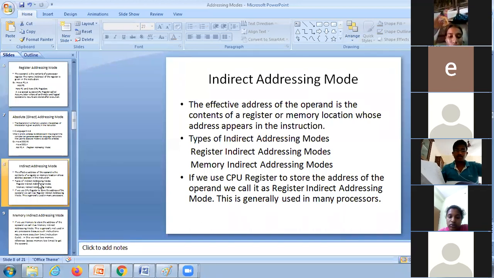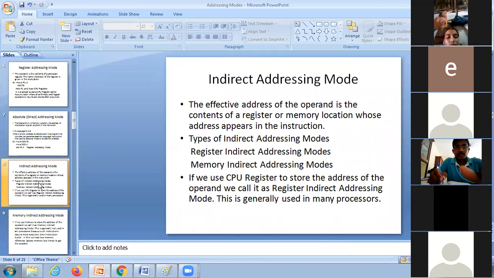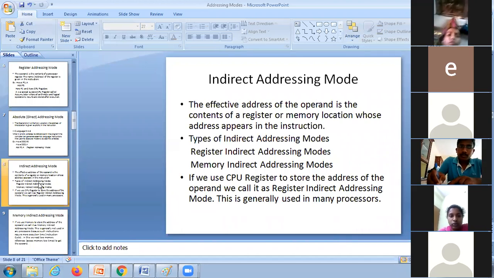That is called a direct address. That means I am calling an object or data directly through its address. Understand? That is called direct address.